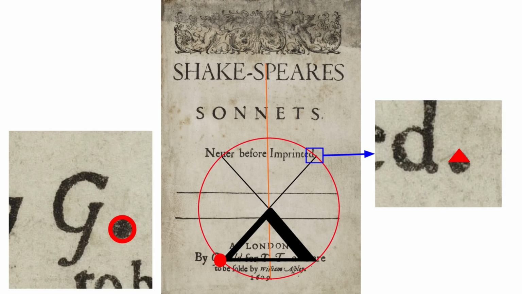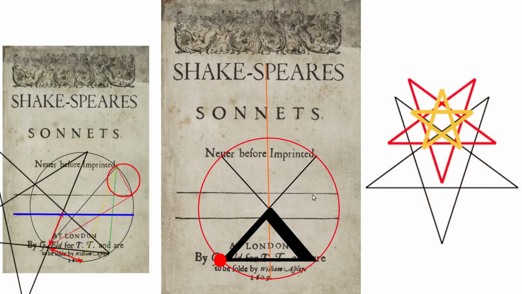amazing things. And I say again, every single one of these lines that you see is generated from these two first points. Every single one of them. And so there is our Trinity.